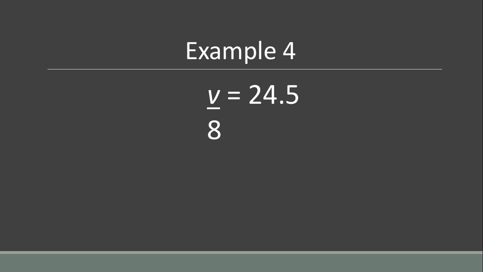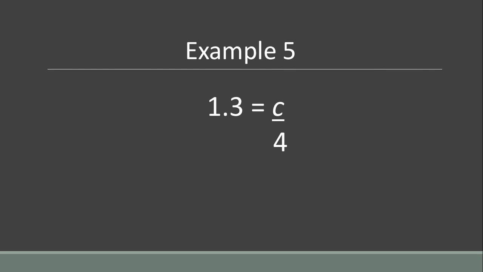So since it starts as a division problem, I'm going to use multiplication to solve it. So on the left-hand side, the 8's are going to cancel out, because 8 divided by 8 is 1. The variable v comes down, our equal sign comes down, and then I multiply 24 and 5/10 times 8, and I get 196 as my solution to this equation.